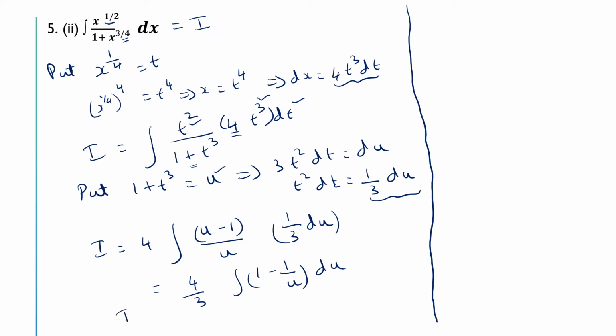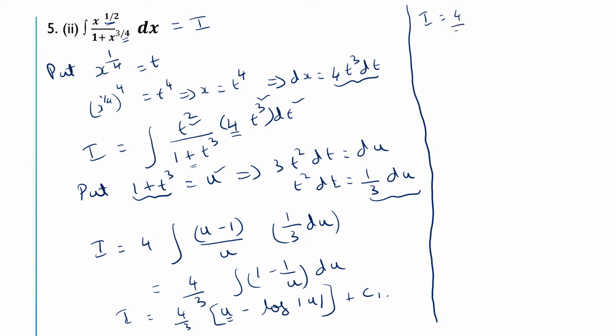So I will be equal to 4 by 3 into u minus log mod u plus C1. Let me continue here. So I will be equal to, now first we have to substitute for u. U we have taken as 1 plus t cube.